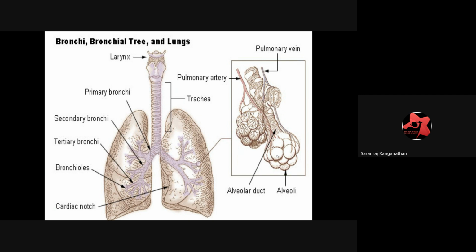Then the air passes to the alveolar duct, and through the duct it passes to the bronchioles, then bronchi, then trachea. That is how the respiration process happens. The pulmonary arteries and pulmonary veins are connected with each and every alveolus.